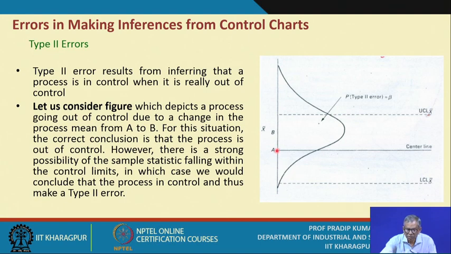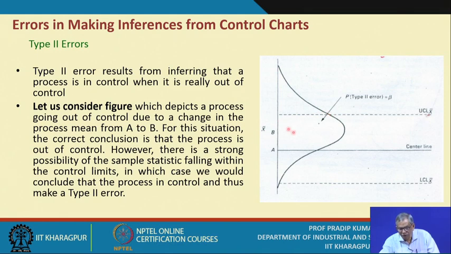Now, due to some reasons, there is a shift in the value of A, and suppose it's a permanent shift. That means the process is working, but the value of A has now become the value of B. So this is an upward shift. Now the entire process has shifted, but you are still using the same control chart, and what you find is that this process actually has gone out of control.